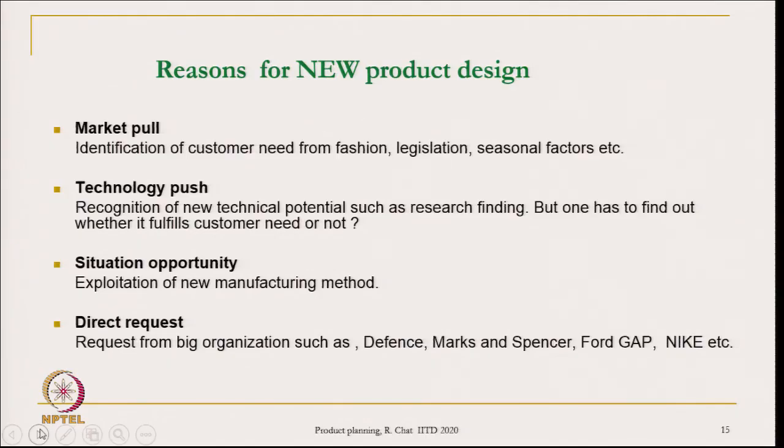The other is the direct request, a request from big organizations such as defense or big buying houses like Marks and Spencer, Ford, Gap, Nike, etc. They may make a request, and based on the request you can think of designing something new.